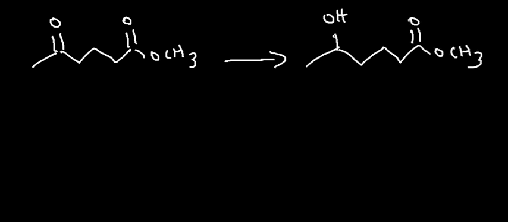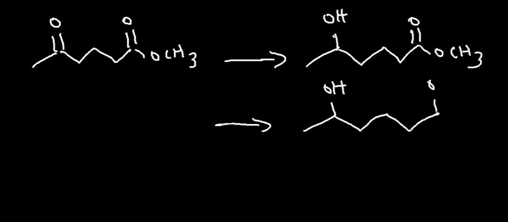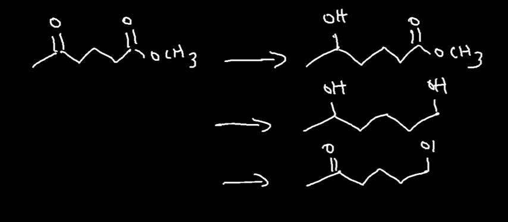But not just that one, but these as well. Okay, so let's look at the first one. In the first example, we want to reduce the ketone, but not the ester.